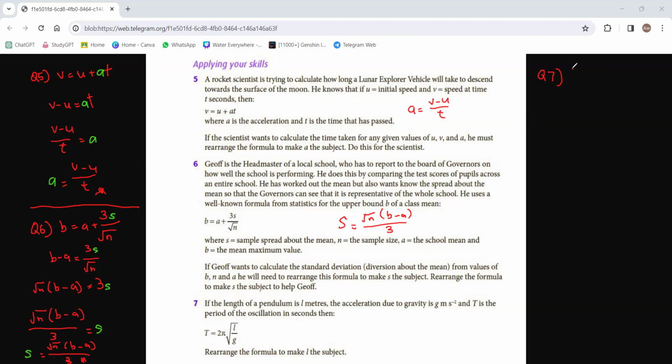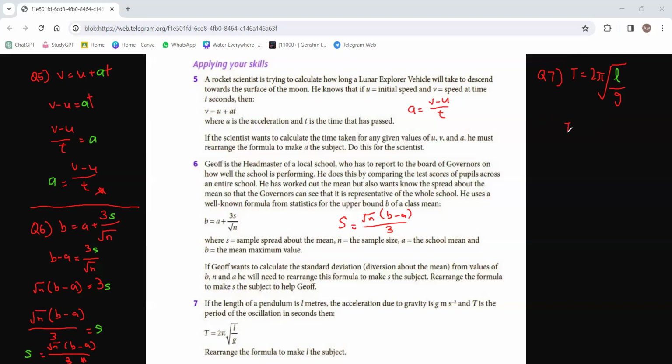So firstly, we know that the formula given to us is t equals 2 pi square root L over g. Now, the same method, we know here that 2 pi is multiply. So we will move the 2 pi, multiply, to the other side, it's divide.